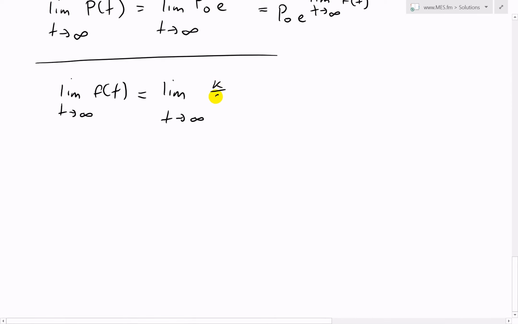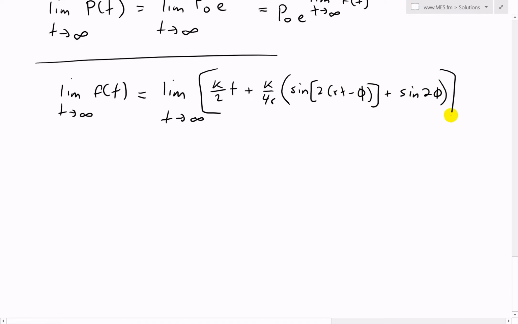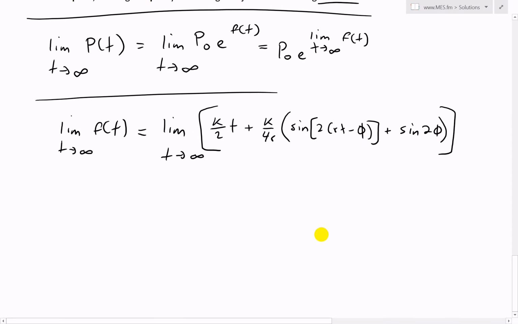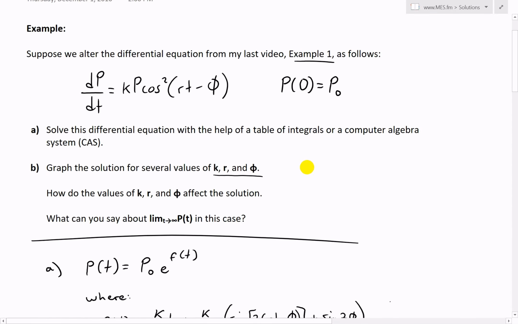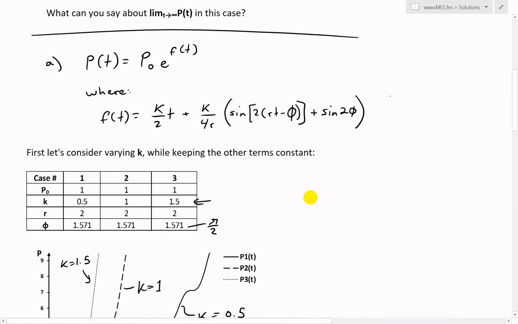If I remember, k over 2t, and I'll put this giant bracket, plus k over 4r, and then we have a bracket, sine of 2rt minus phi, plus sine of 2 phi, like that. And now let's quickly check if I wrote this right. It's pretty tedious. Okay, so it looks about right.